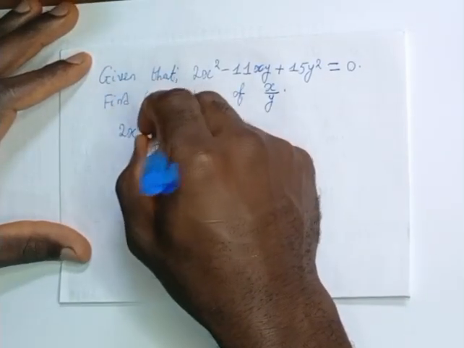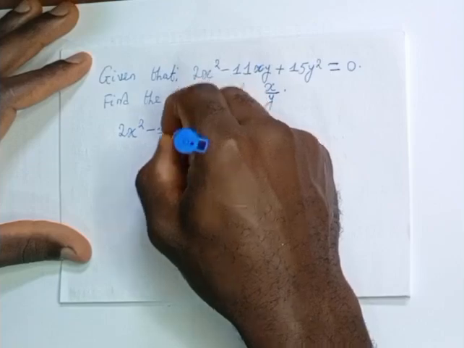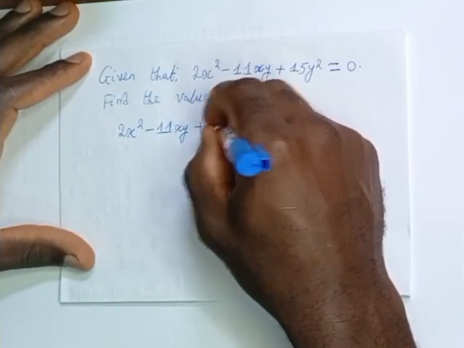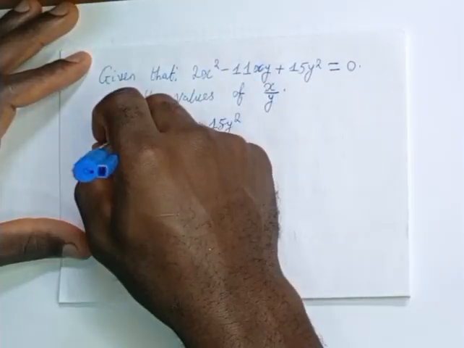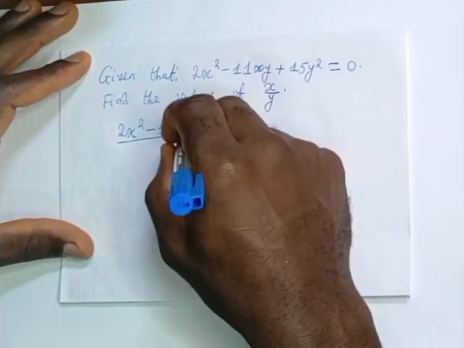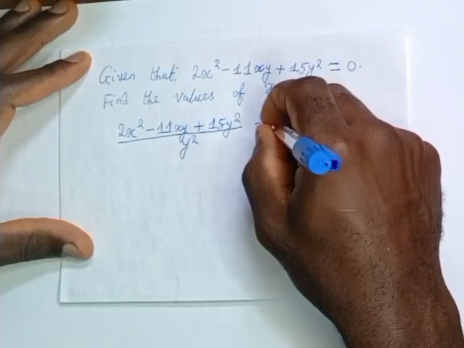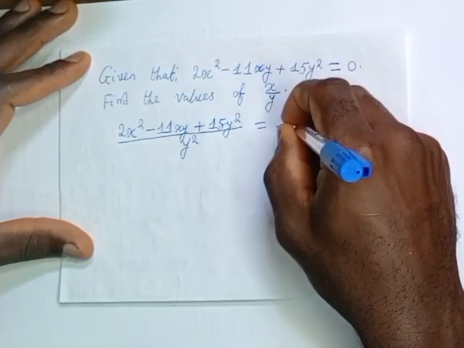2x² minus 11xy plus 15y², we divide this by y², is equal to 0 all over y².